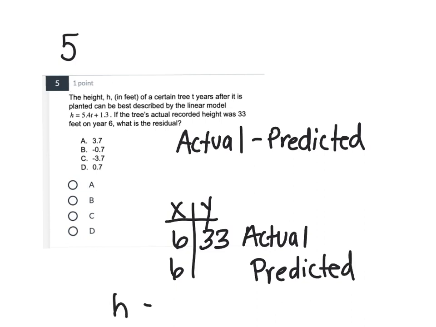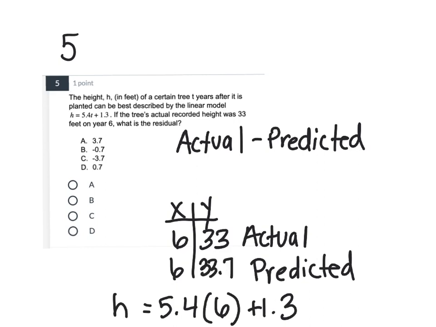So height equals 5.4 times 6 plus 1.3, and I get 33.7. If I take my actual, which is 33, and subtract my predicted, 33.7, I get negative 0.7, which would have been B.